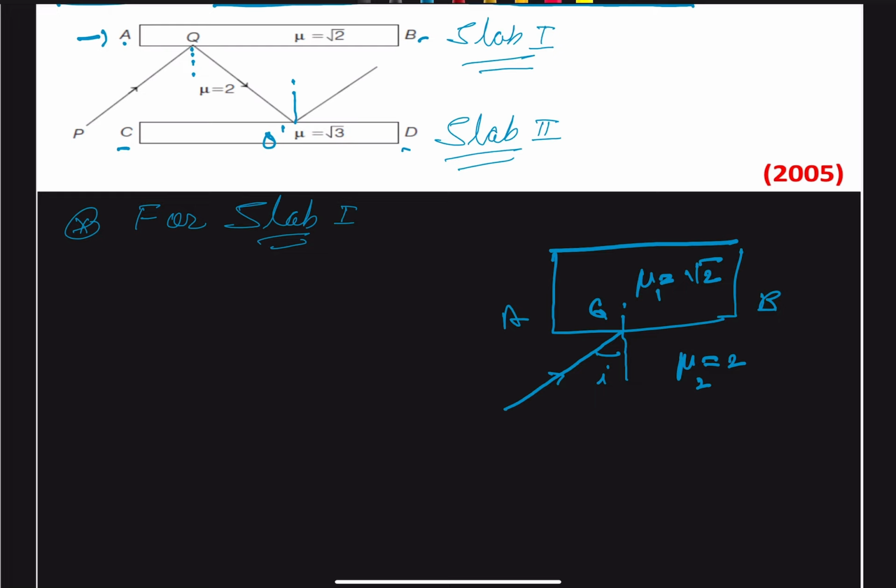and we are mainly interested in finding the critical angle. So for critical angle C, we can write that mu2 multiplied by sine of C will be equal to mu1 times sine of 90.